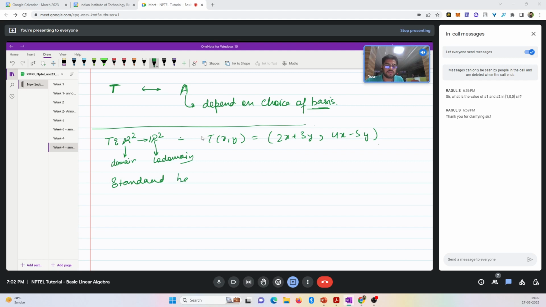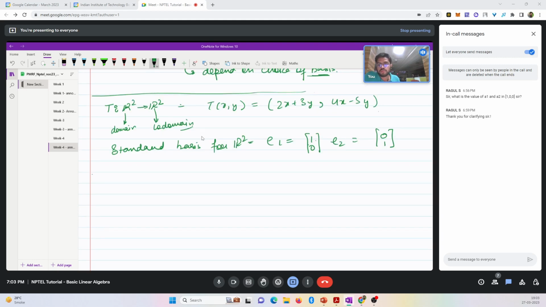So what is the standard basis for R2? E1 is equal to 1 comma 0 and E2 is equal to 0 comma 1. This is the standard basis E1, E2. So the first step would be selection of basis for U and V if your T is from U to V.